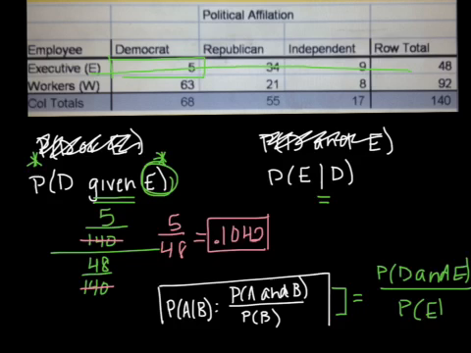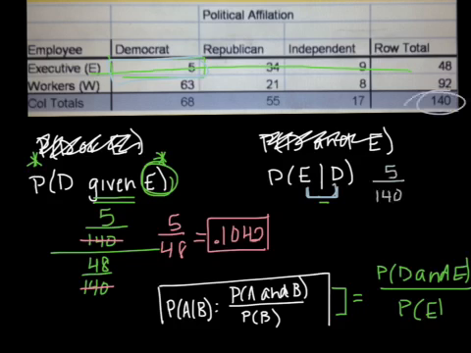Now let's try this one more time, but let's switch the order and see what happens. Order does matter. The probability that the executive happened given that they're already a Democrat. So first thing I'm going to do is find the overlap of these two. Executive and Democrat, again, is going to overlap at 5 over the total, which is 140.